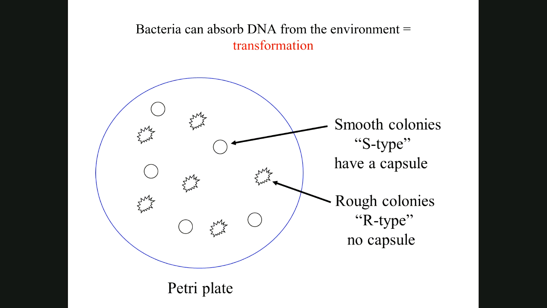What Griffith actually discovered, as was realized later on, was that bacteria can absorb DNA from the environment. He actually discovered transformation.